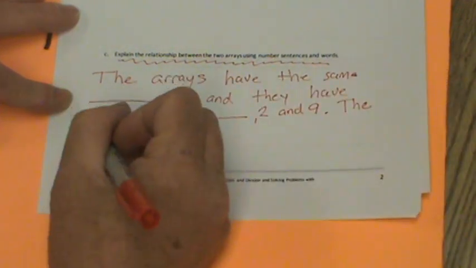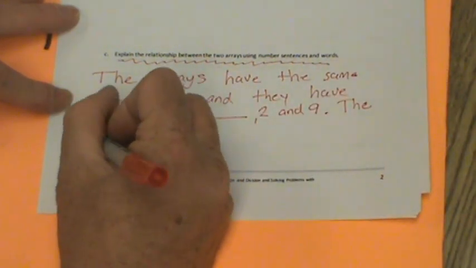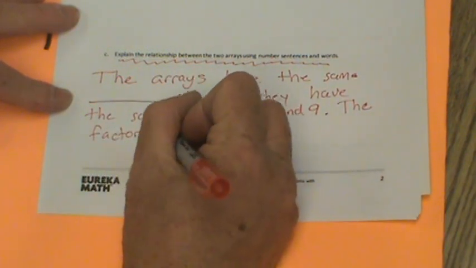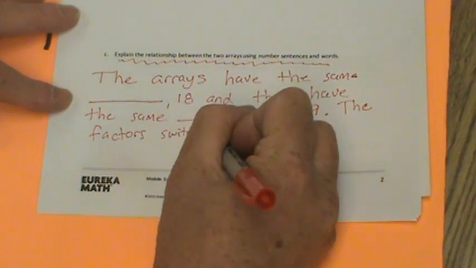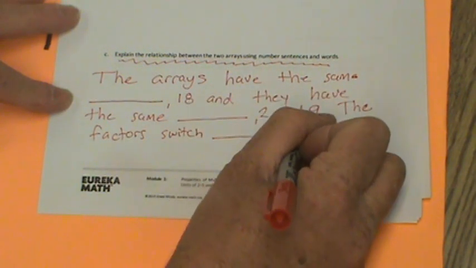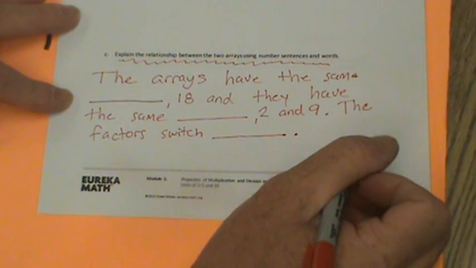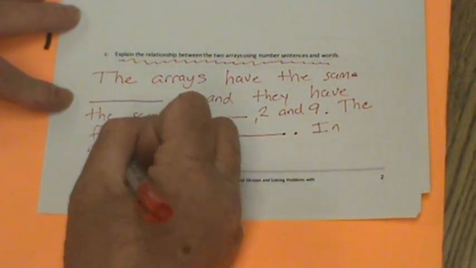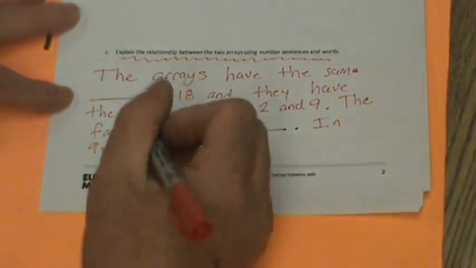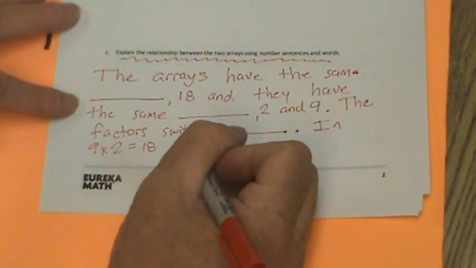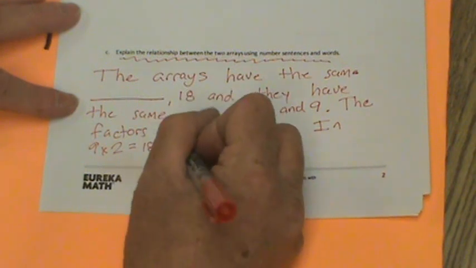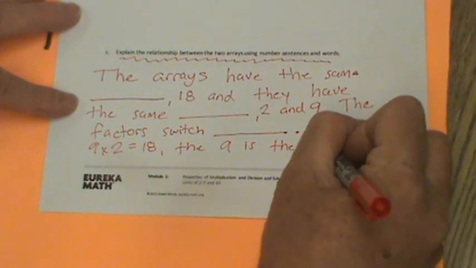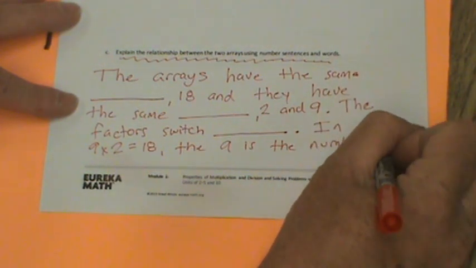The factors switch blank, and 9 times 2, it's a lot of writing here, equals 18. The 9 is the number of blank.